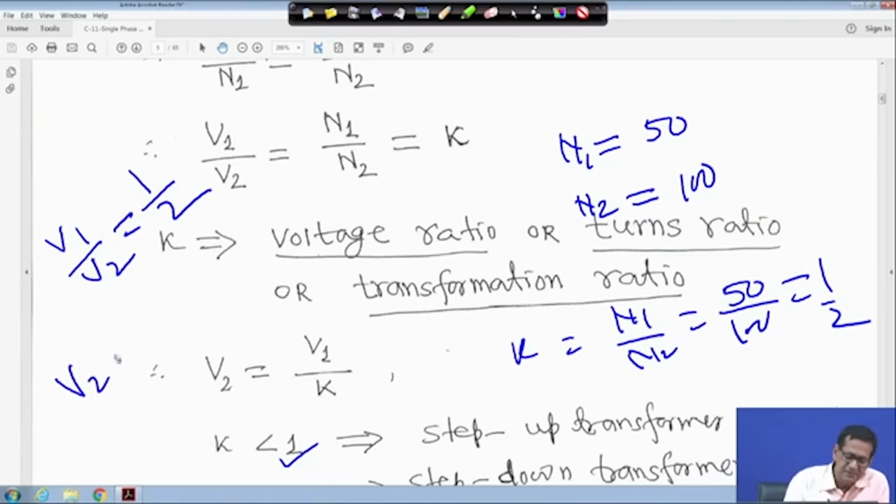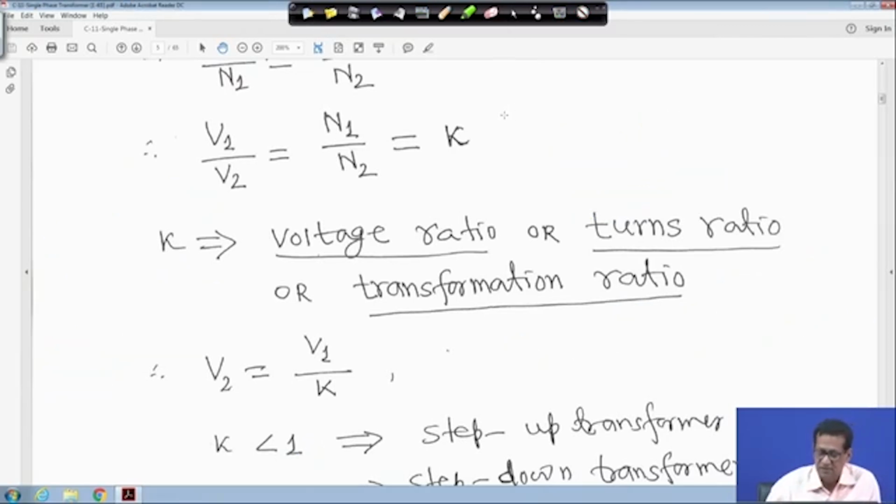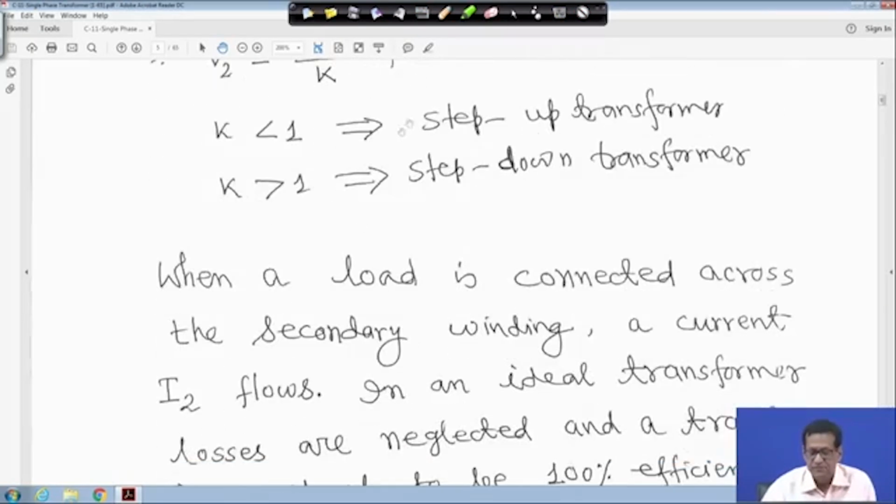That means V2 is equal to 2 into V1. Because if the primary side voltage is V1, the secondary side becomes 2 into V1. For example, if the primary side is 100 kV, then the secondary side is 200 kV. So it is a step up transformer if K is less than 1. Similarly, if K is greater than 1, it will be a step down transformer.